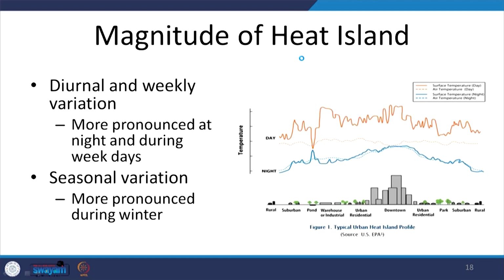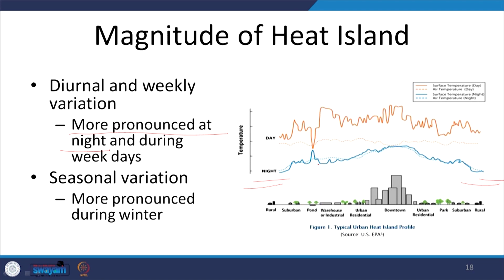The next is diurnal and weekly variation. The urban heat island is more pronounced during nights, because that is the time when the suburbs are cooler, when the suburbs have already cooled down, the rural areas have cooled down.